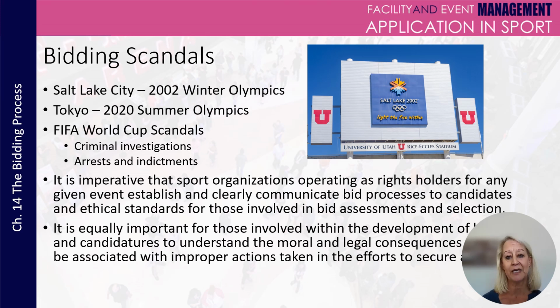The FIFA World Cup scandals: FIFA has been plagued by multiple corruption scandals over the years, especially related to the bidding process for the World Cup. These scandals involve bribing, kickbacks, and other unethical practices in securing host rights for various World Cups, leading to criminal investigations and the indictment of several high-ranking FIFA officials.